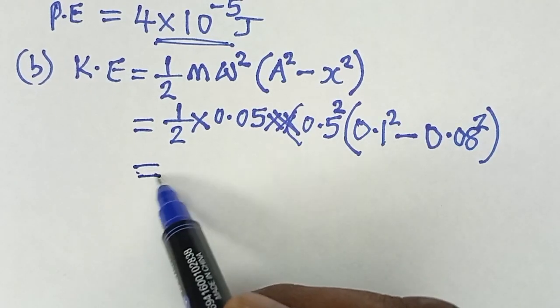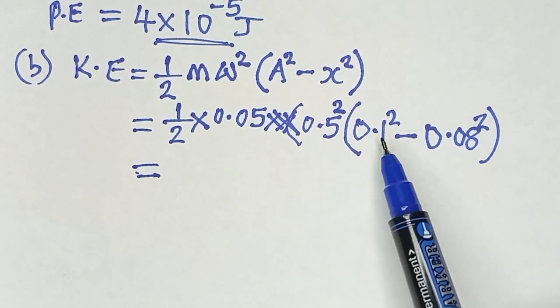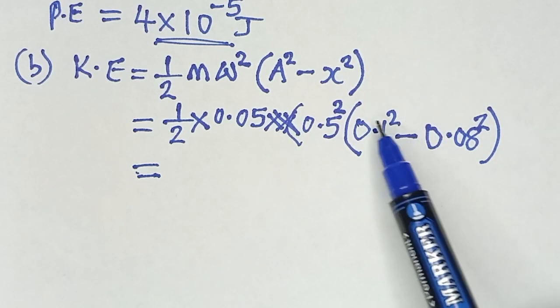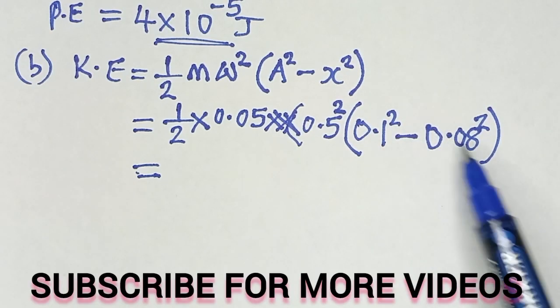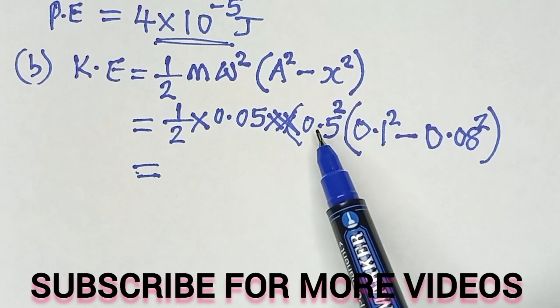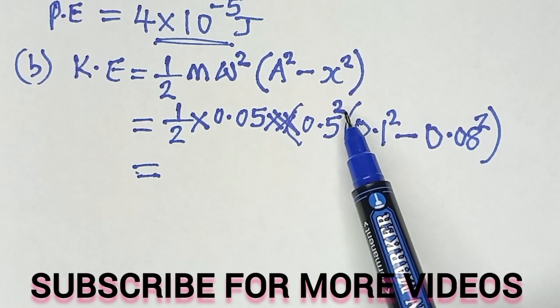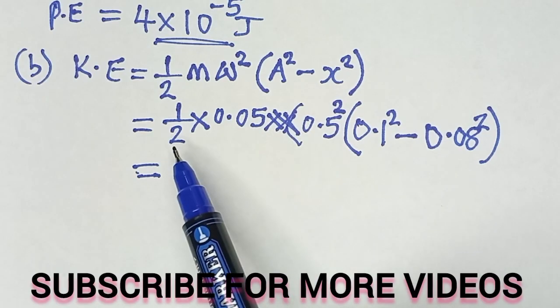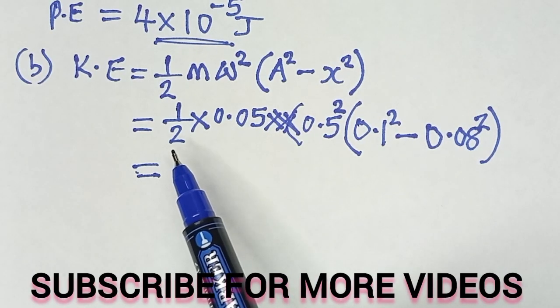So that will be equal to, so by the time you square this, please take note of how to use the calculator correctly. You square this minus the value of this squared, then multiply by 0.5, which is the omega squared, and then you multiply by 0.05, and then finally you can divide by 2.